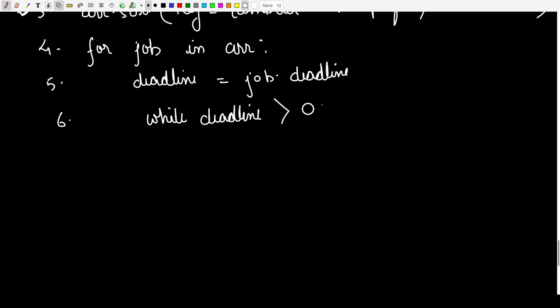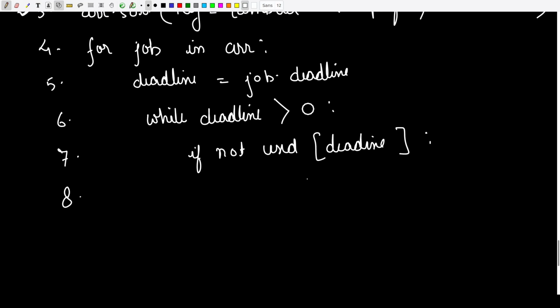So the way we will be able to do it is while deadline is greater than 0, and if used at deadline is not true, which simply means it is false, then on that particular slot we will be able to schedule this job. And since we have scheduled that job on that slot, we are going to mark this slot as used, and we are going to update our profit and number of jobs accordingly.